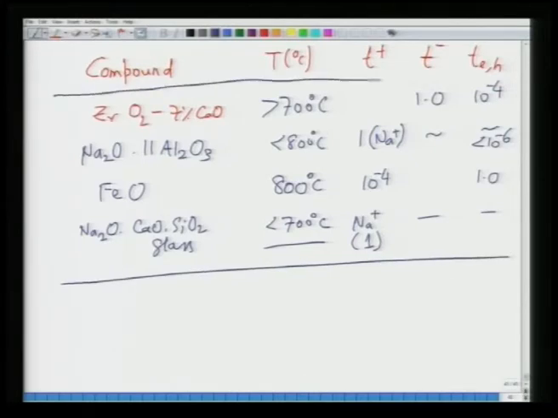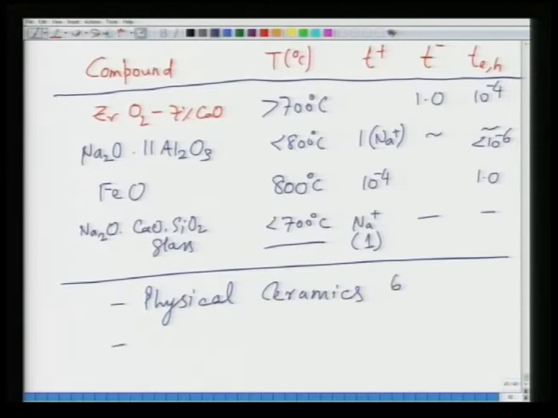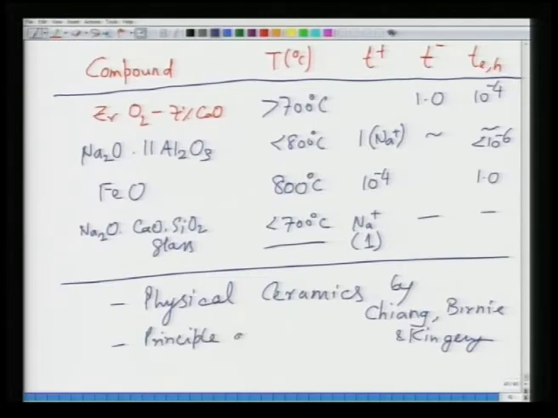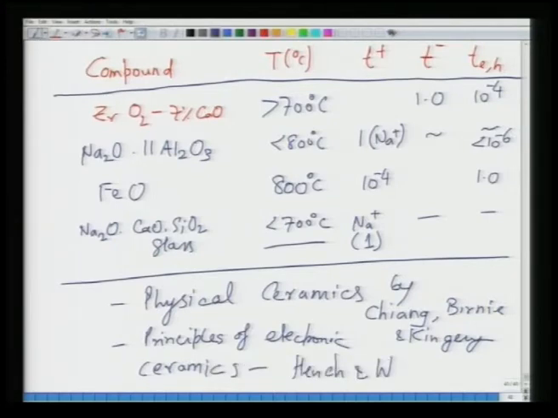You can look at the books which I provided in the bibliography, especially the books on physical ceramics by Chiang, Birnie and Kingery, and then Principles of Electronic Ceramics by Hench and West.